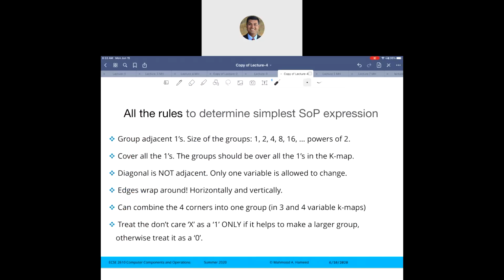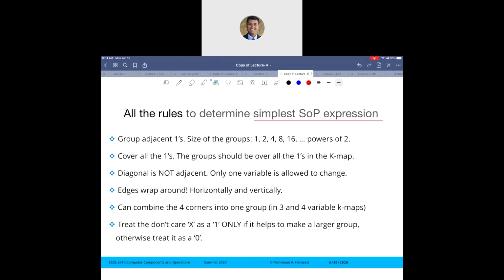Now I'm going to first summarize all the rules. And these are the rules that need to be applied to determine the simplest sum of product expressions. When you are doing K-map simplification to obtain simplest SOP form, then you will be combining the ones in the K-map.